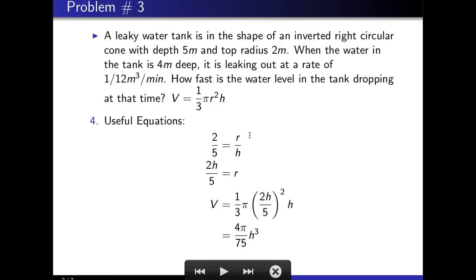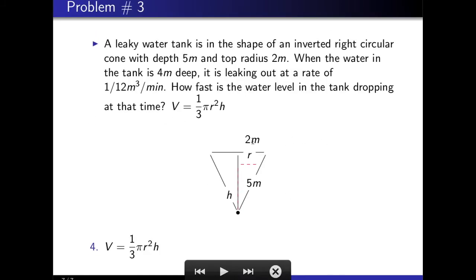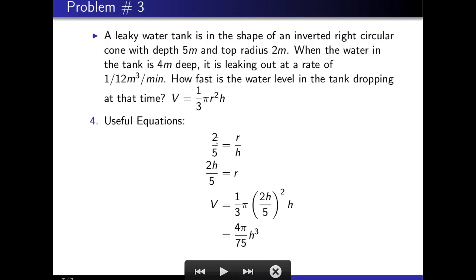Okay, so from the picture we could say that, with these two base legs, 2 divided by 5 is going to be r divided by h, so the ratio of corresponding sides is equal. In other words, r is going to be equal to 2h over 5.